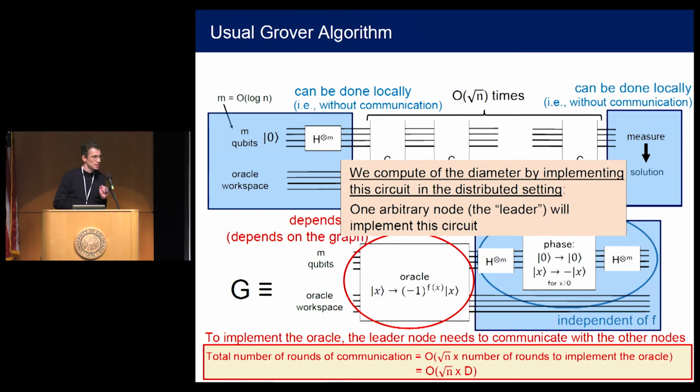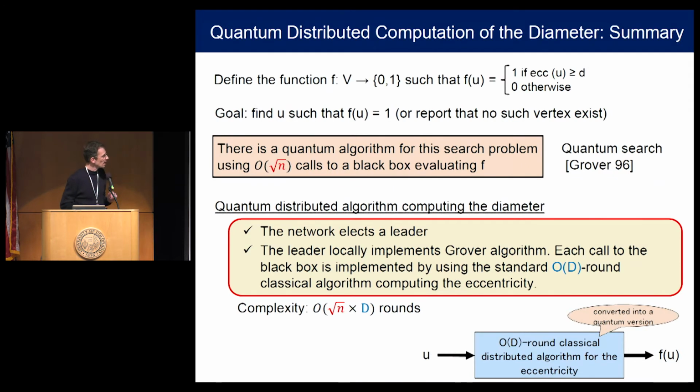Okay, so to summarize everything here, the approach is to elect a leader. Any node is okay as a leader, and you ask the leader to implement the Grover search. And the leader can do everything locally except the call to the oracle. And to implement the call to the oracle, you need to communicate.